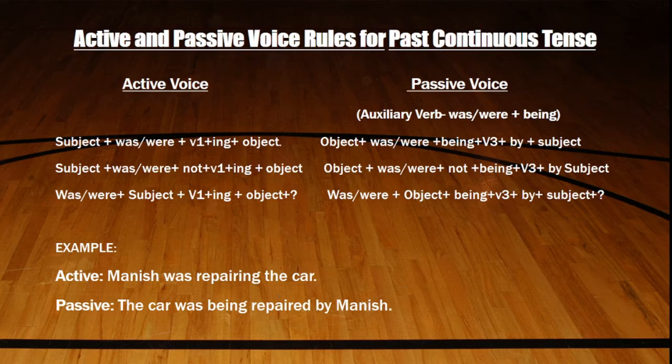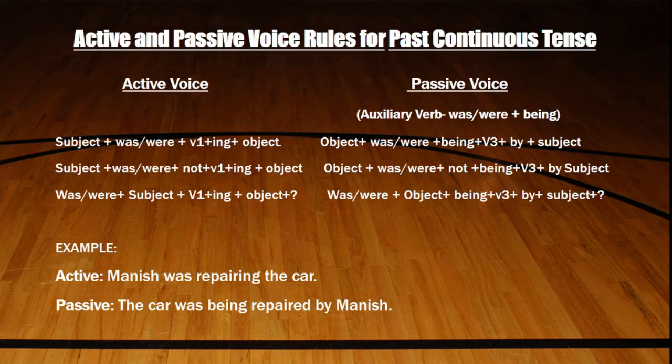Okay, here in the case of the passive voice, it becomes like object with was, were, then not, and then being plus the third form of the verb followed by subject.